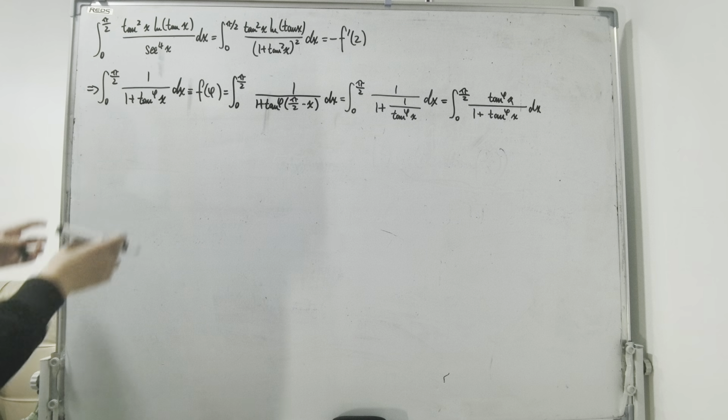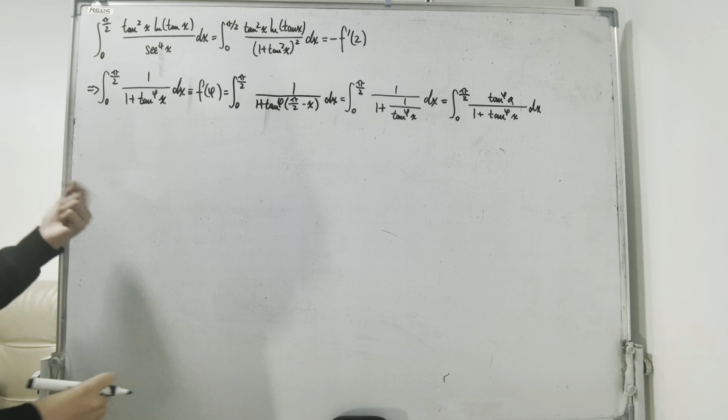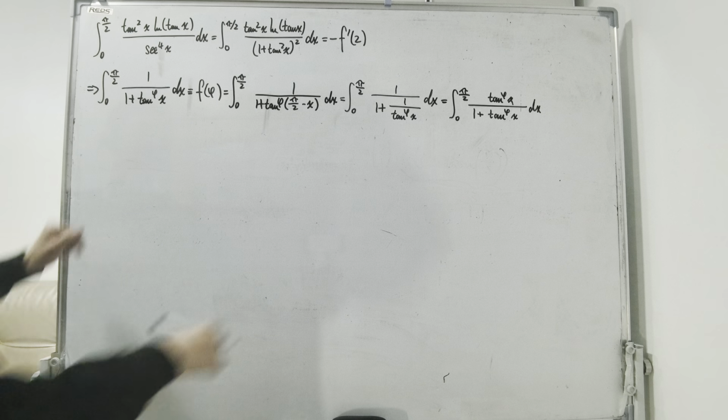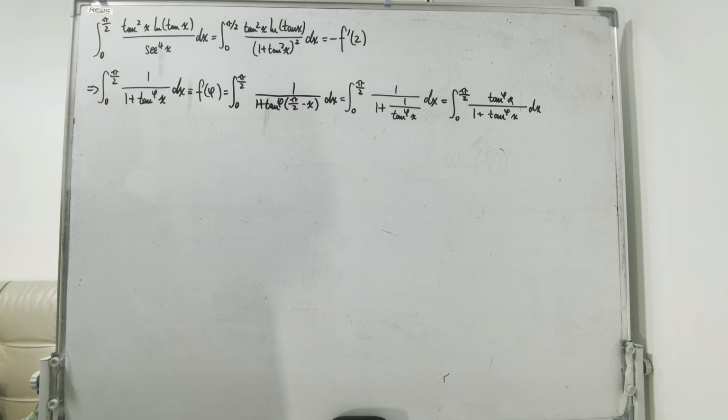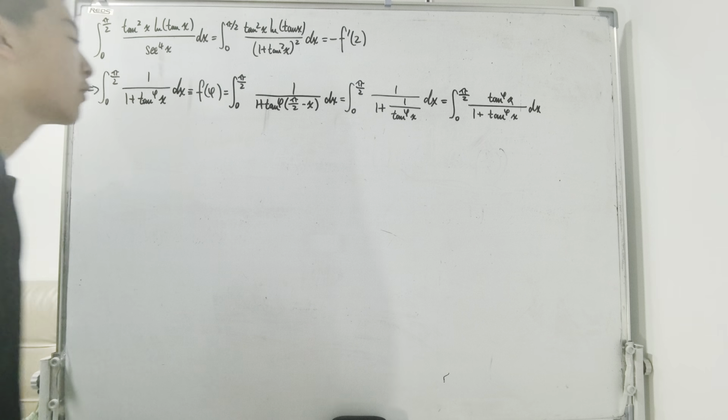And this is nice because if we add these two up, because these bounds are the same and the denominators are the same too, we could just add up the numerators and we get 1 plus the tangent to the 5th power.